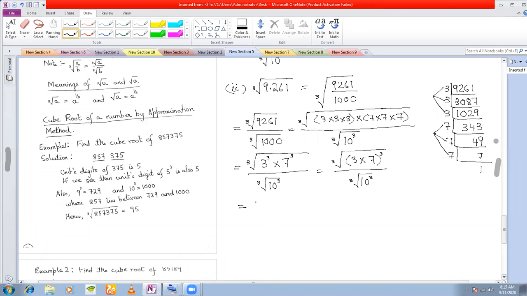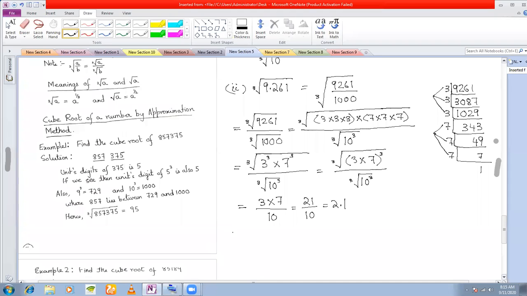Now you can remove the radical, both are powers of 3. So this is 3 into 7 divided by 10, which is 21 divided by 10, which is 2.1. So this is your required cube root.